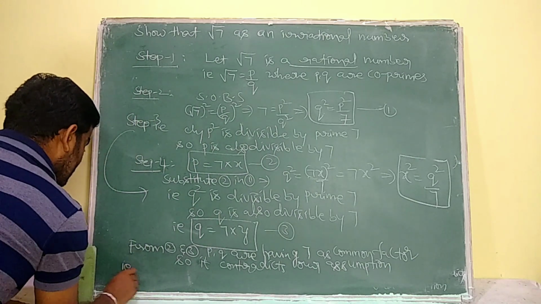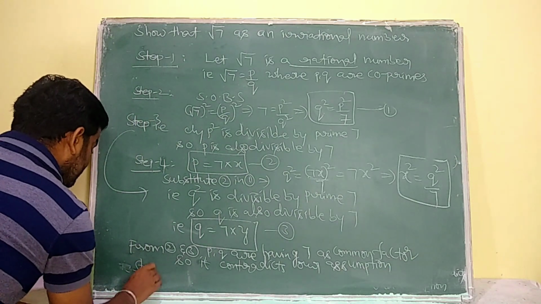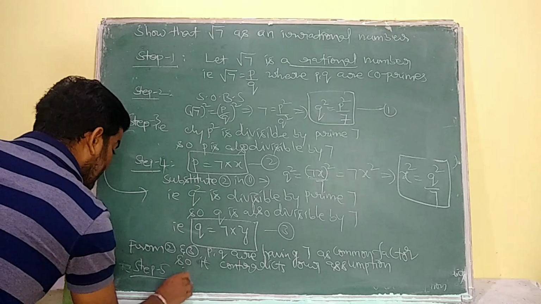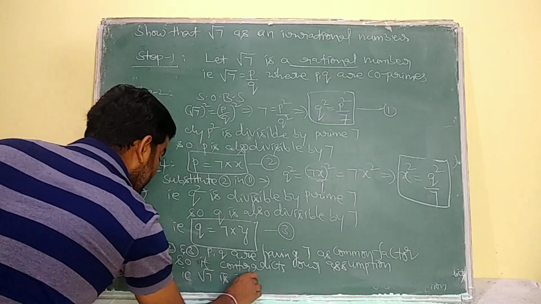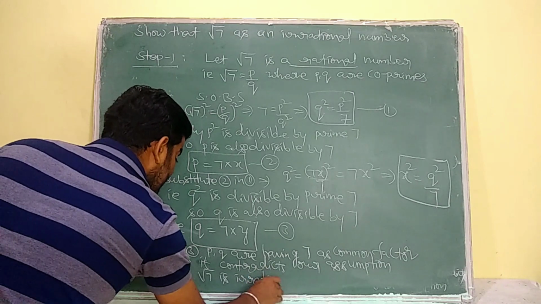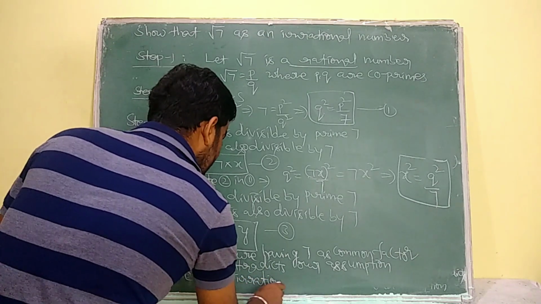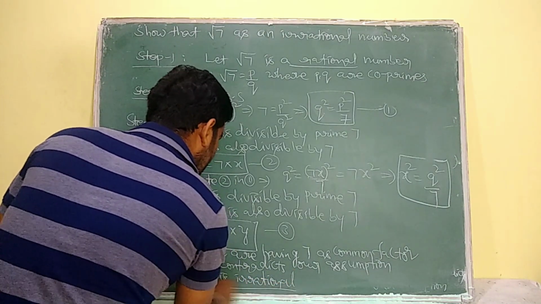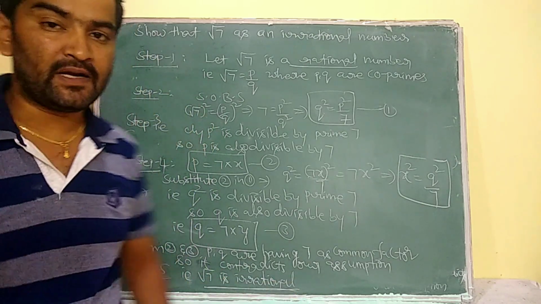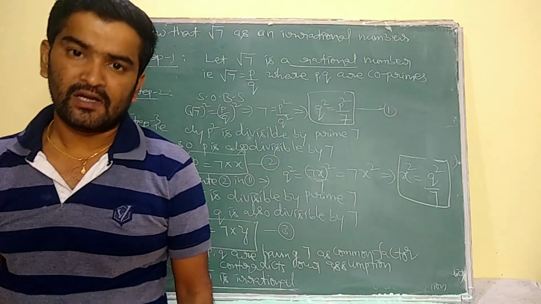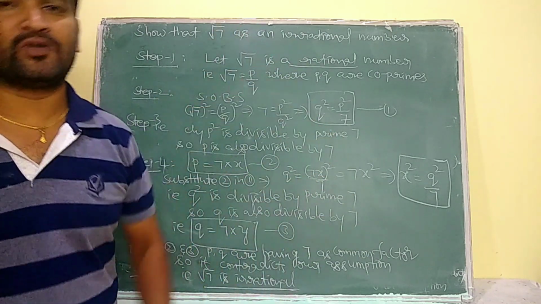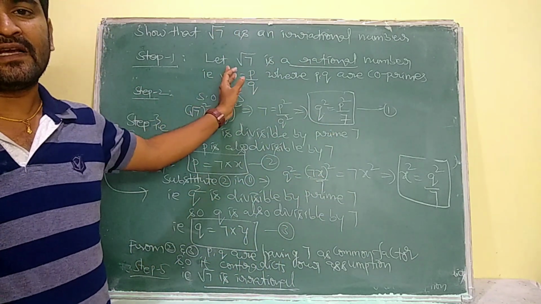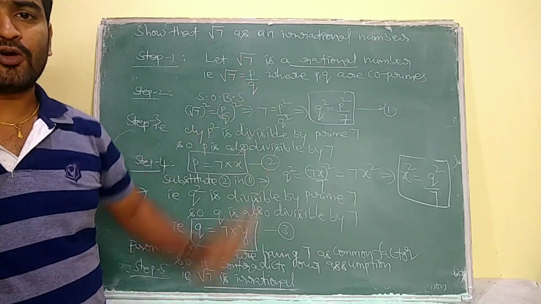That is step 5, that is, root 7 is irrational. Root 7 is irrational. I hope you understand. Now if they ask you to prove root 13 as an irrational number, just replace that 7 with 13. I hope you understand.